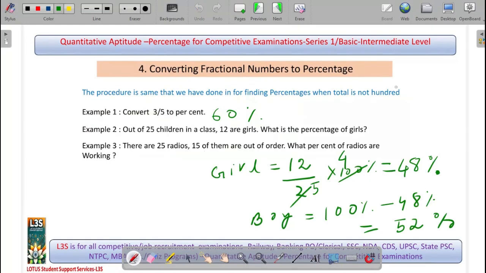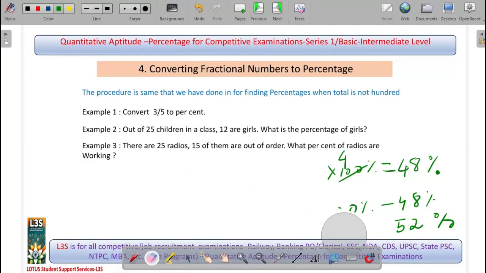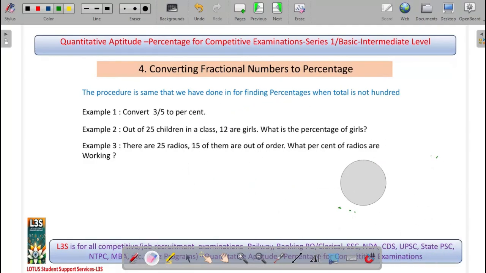Let's move to the next one. So here, converting a fractional number to percentage. Already we have got the formula for how we will convert a fractional number to percentage. It is part by total into 100%.